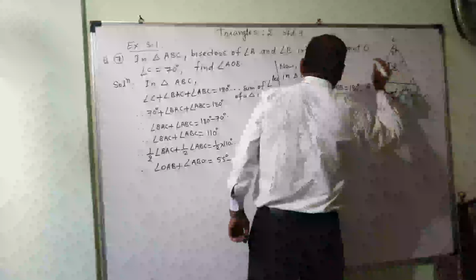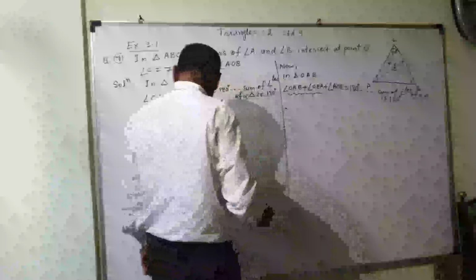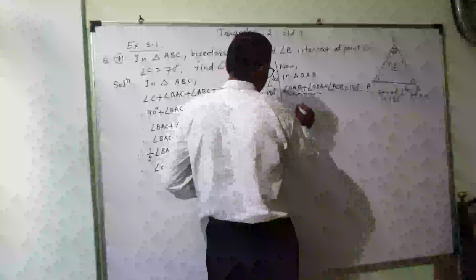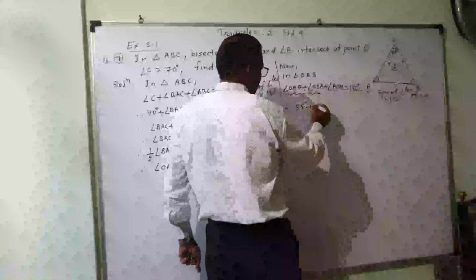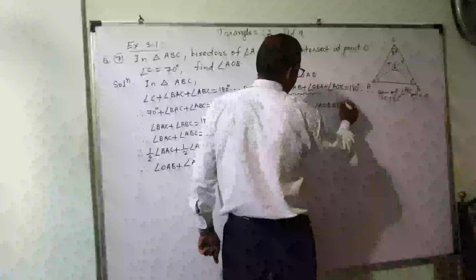This reason you have to give. Therefore, the sum of these two I have got here. It is 55. So 55, sum of these two, plus angle AOB is equal to 180 degrees.